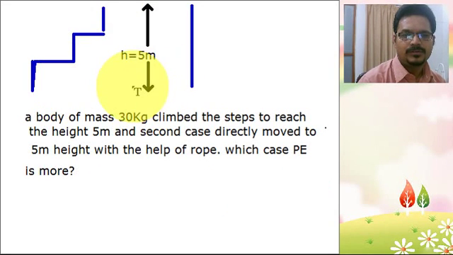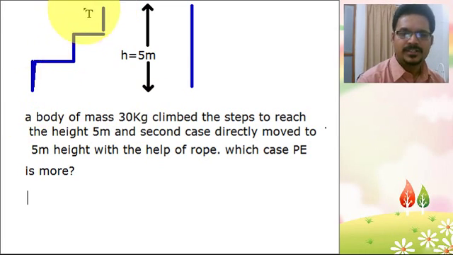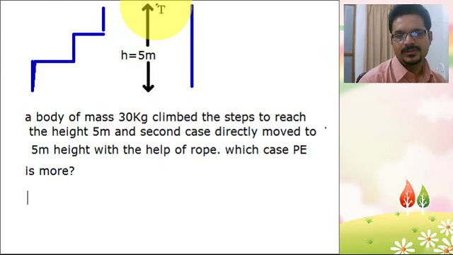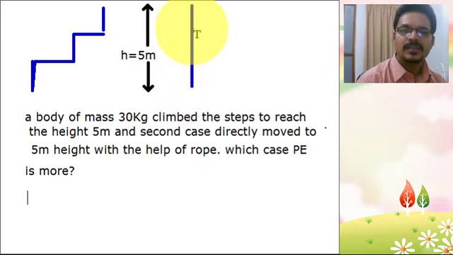Now see this example. Here there are steps 1, 2, 3. A body of mass 30 kg climbed the steps to a height of 5 meters in one case. In the other case, the body has directly moved to a height of 5 meters with the help of a rope.